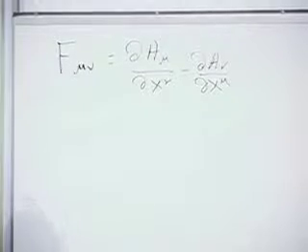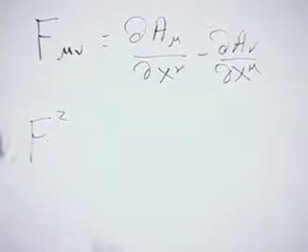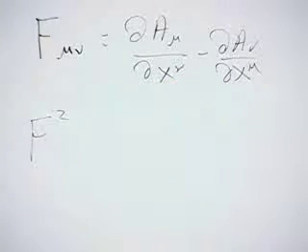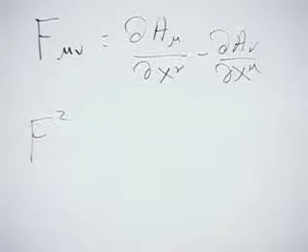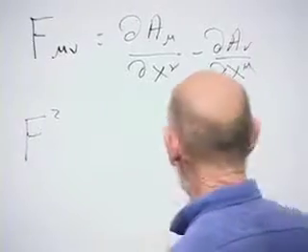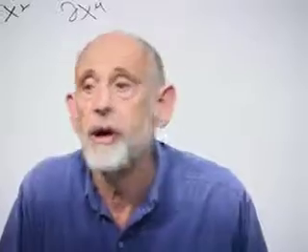You begin with that. You square it. Let's just call it F squared. You make the appropriate Lorentz invariant combination of squares of components of electric and magnetic field. And that's the Lagrangian. And notice it only contains derivatives of A, and therefore the photon is massless.